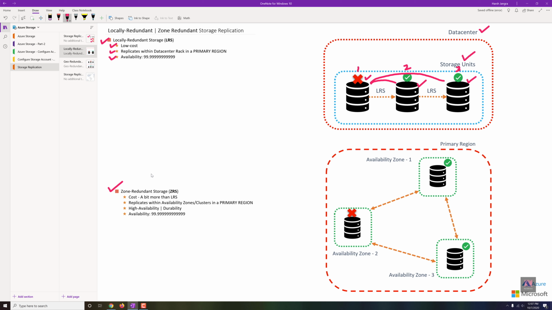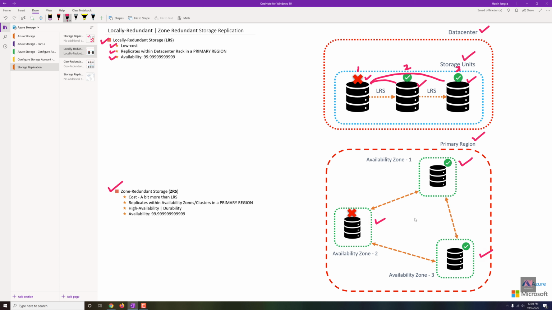Zone redundant storage is one of the newest storage replication types from Microsoft Azure, and its main purpose is that if your region supports availability zones, your data will be copied into 2 other zones, including the main one. For example, on this picture you can see I have a primary region. In the primary region, I have data center 1, data center 2, and data center 3.